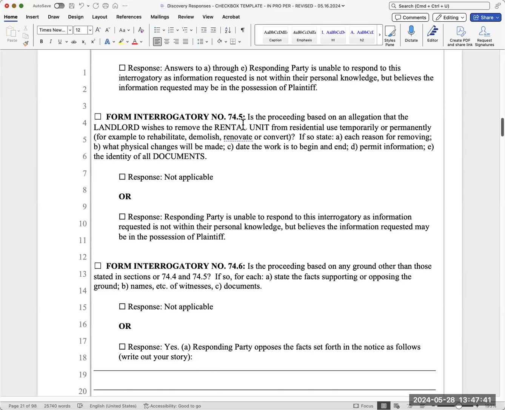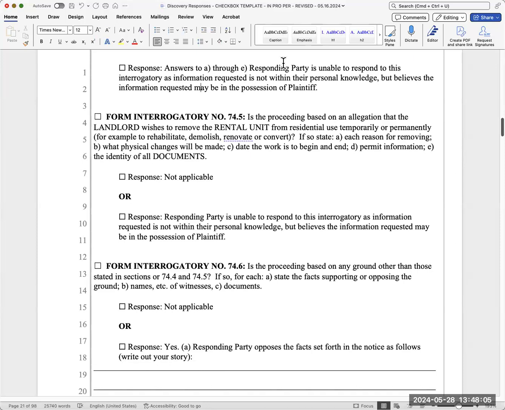74.5, is the proceeding based on an allegation that the landlord wishes to remove the rental unit from the residential use temporarily or permanently? For example, to rehabilitate, demolish, renovate, or convert? If so, state each reason for removing. B, what physical changes will be made, date the work is to begin and end, permit information, identify all documents.